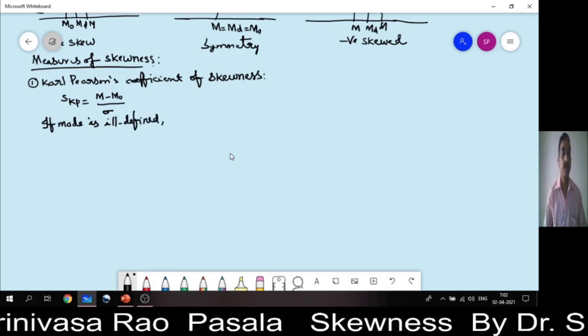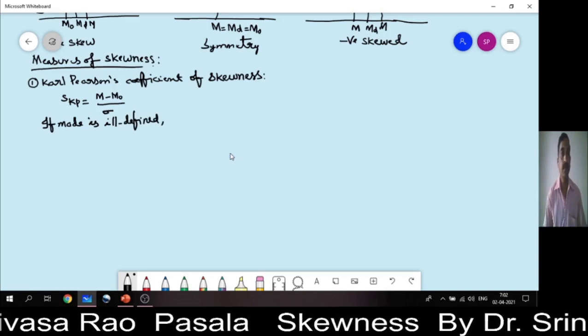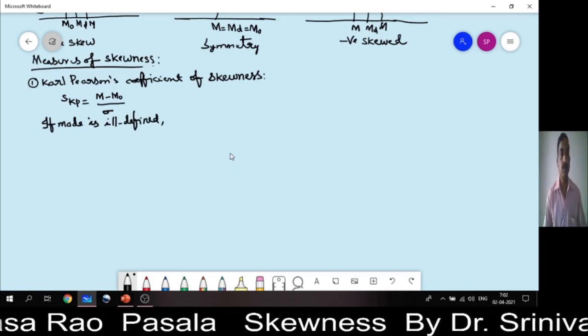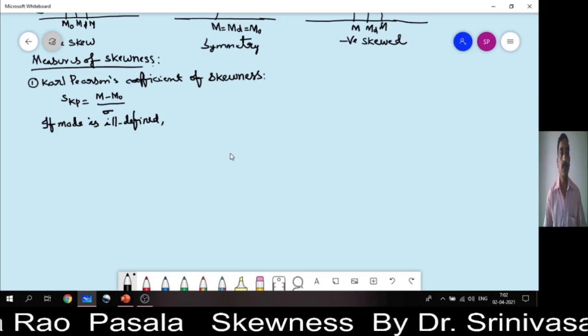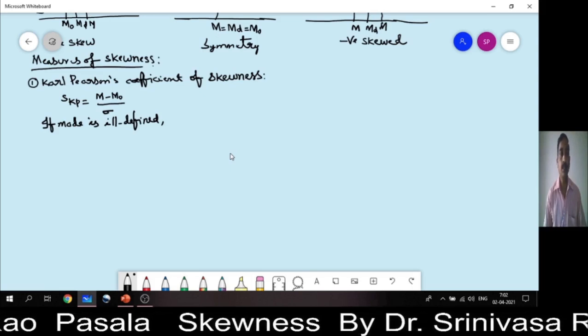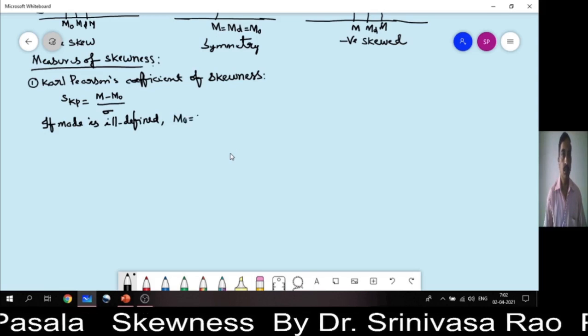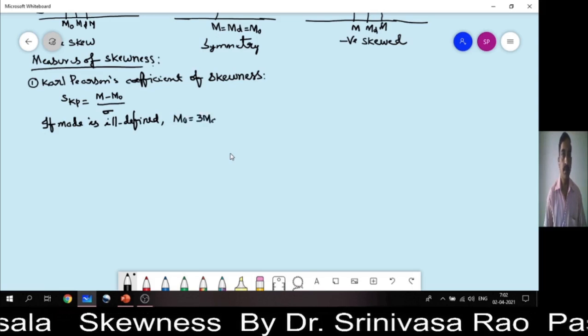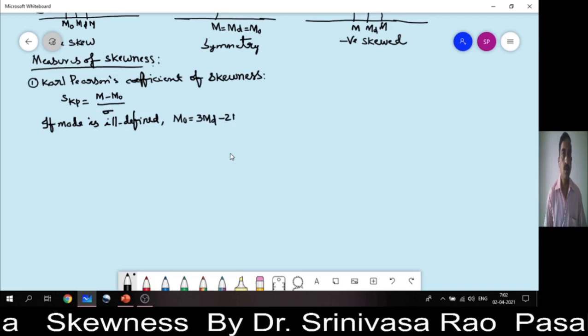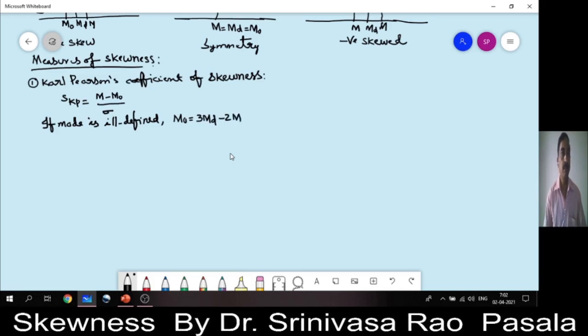If the mode is ill-defined, then we calculate Karl Pearson's coefficient of skewness using the interrelationship between mean, median, and mode. We know that mode equals 3 median minus 2 mean.